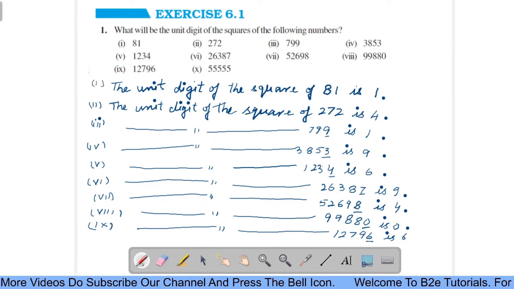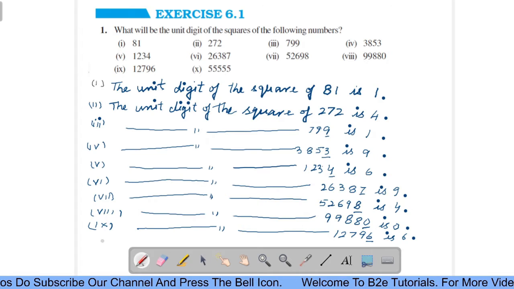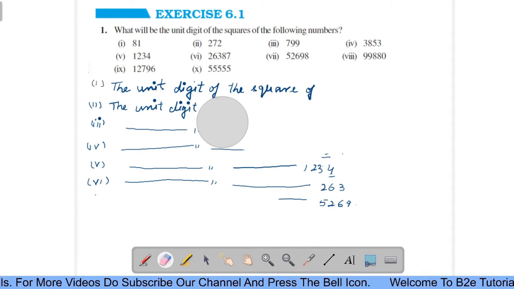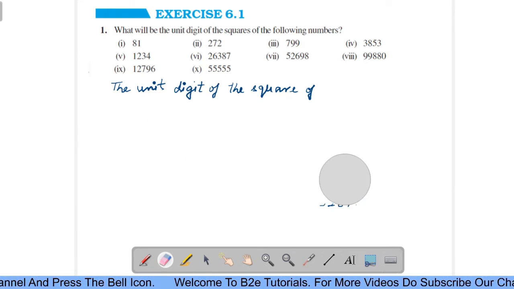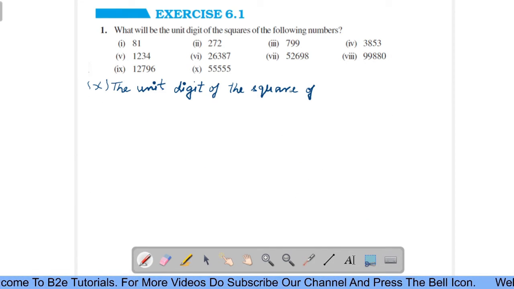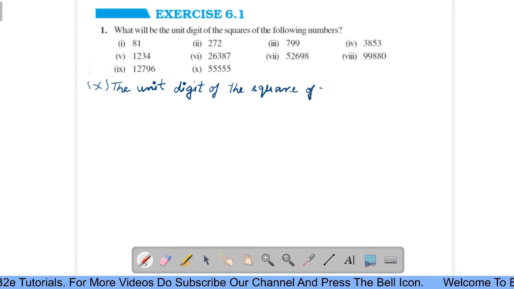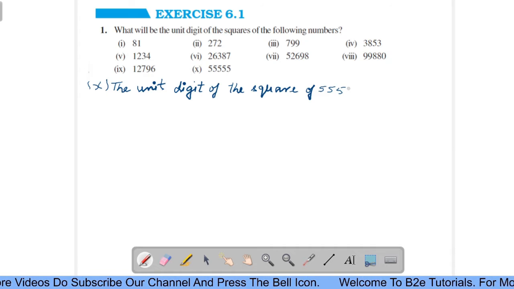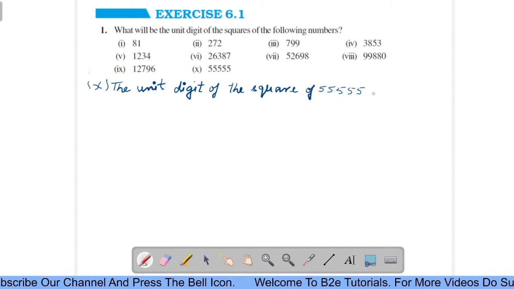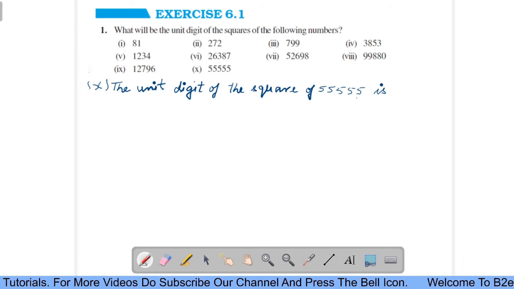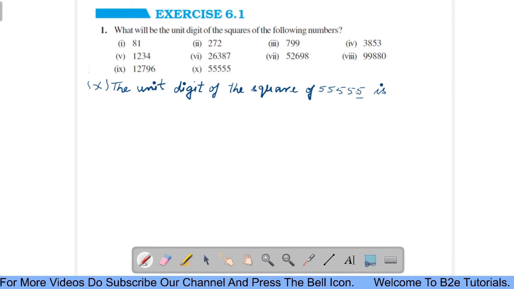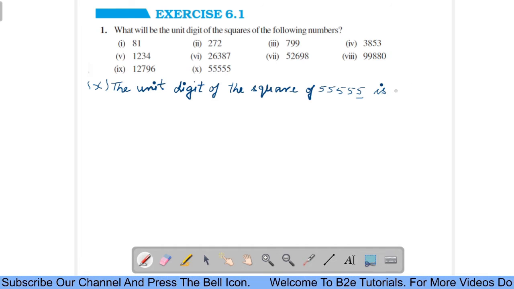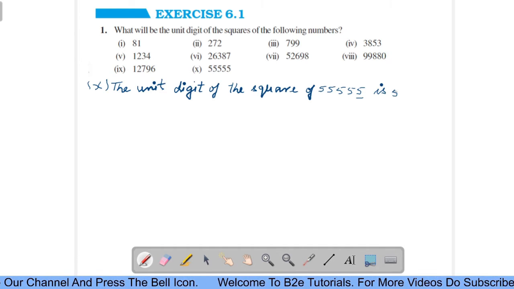Your answer is 6. Then 10th part, the unit digit of the square of 55,555 is: here the unit digit is 5 and the square of 5 is 25 and the unit digit of 25 is 5. Your answer is 5.